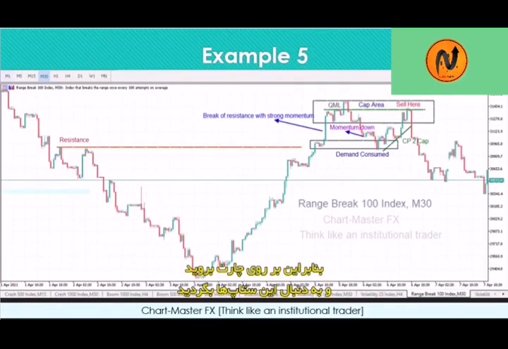So guys, go to your charts, go and try to locate or spot these types of setups. Then you create your own flashcards, at least five flashcards, and then you will be able to understand this concept.